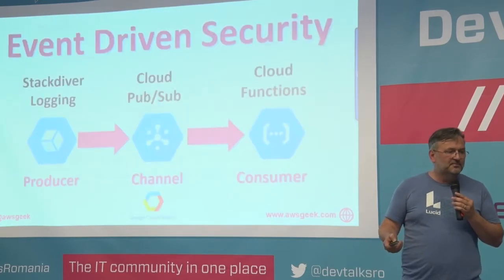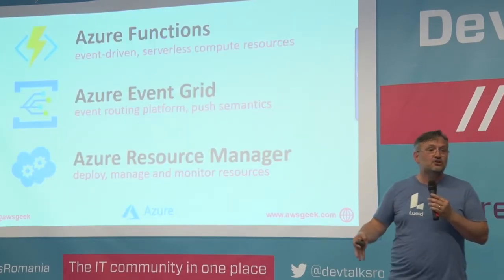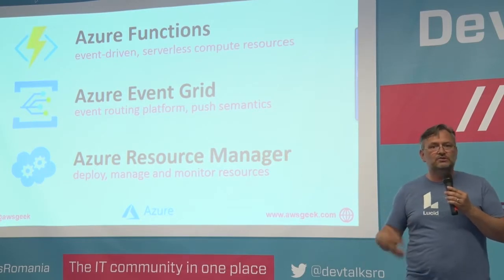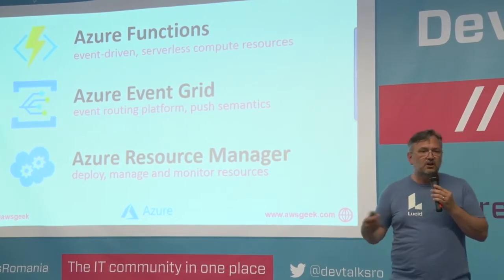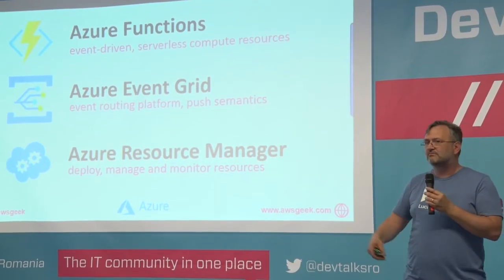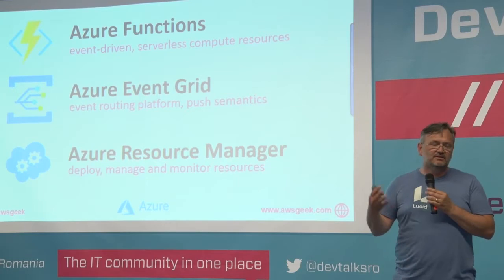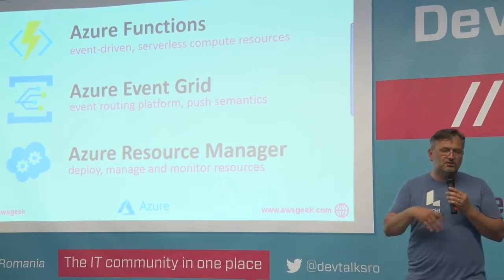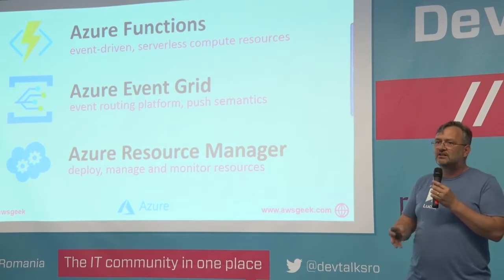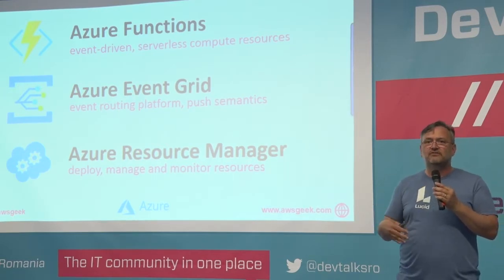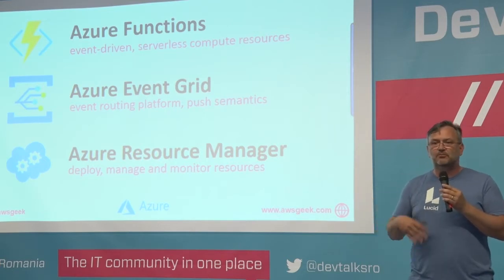On Azure, again, just finding the right tools and the right services is all it takes to implement this same design pattern. You have Azure Functions, same as Google, same as or similar to AWS. You have the Azure Event Grid, which allows you to then manage the messages and manage the events and make sure that they're sent to the appropriate consumers.